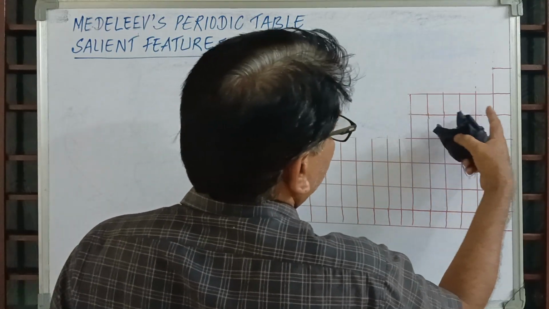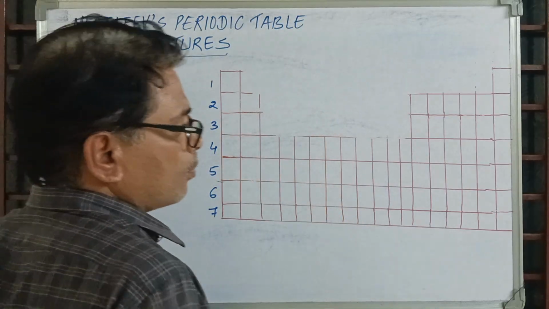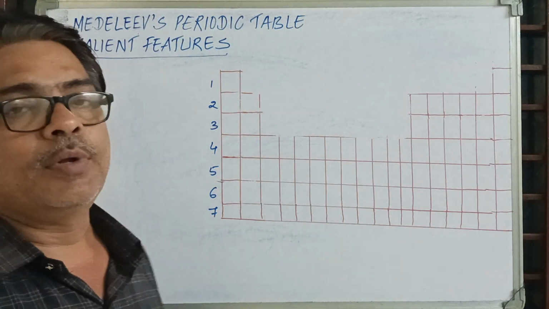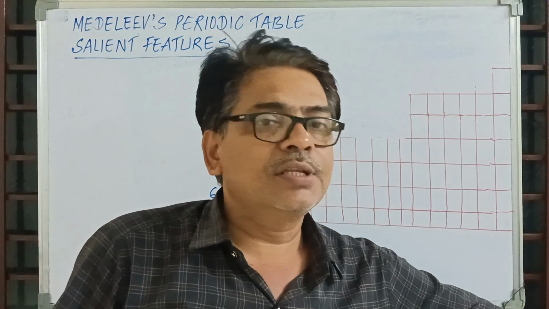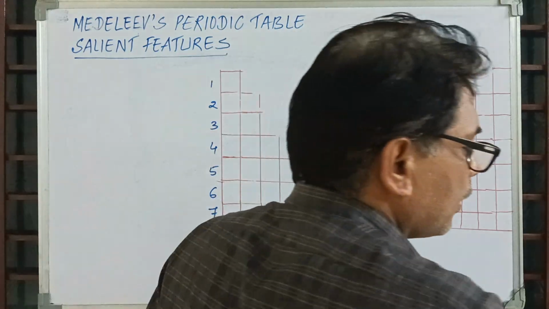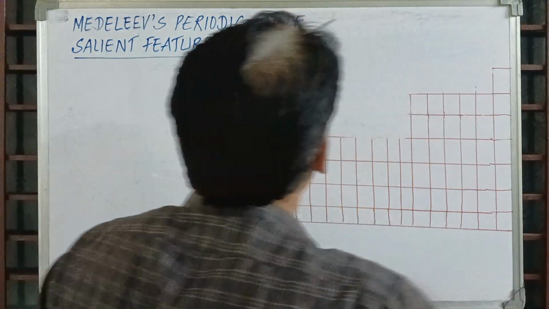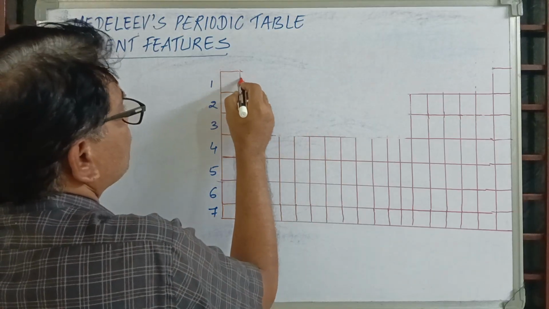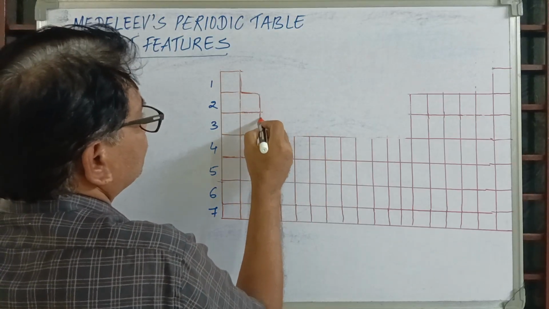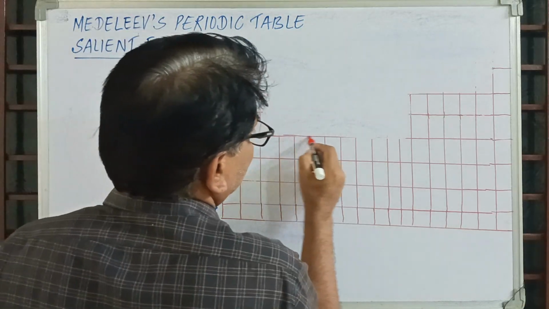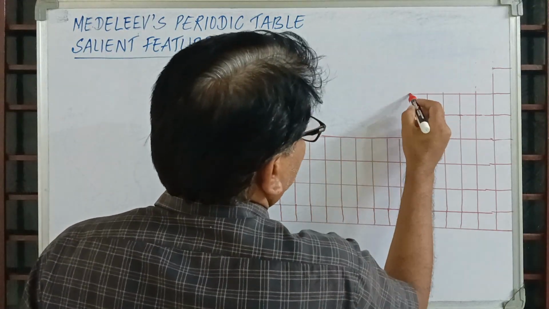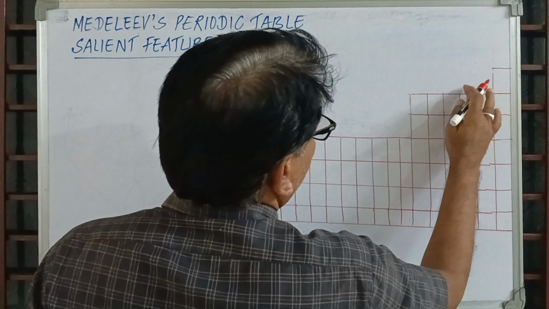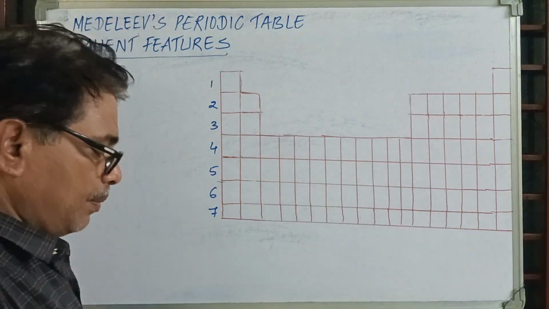Yes, this is your modern periodic table. See, what an easy thing it is. Let me show you once again what is left over. So this is like this. Yes, this is your modern periodic table.